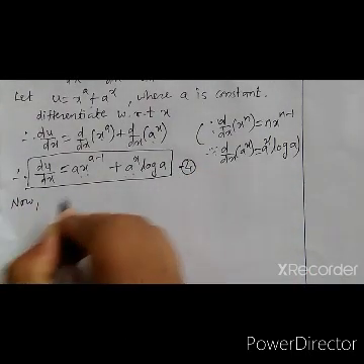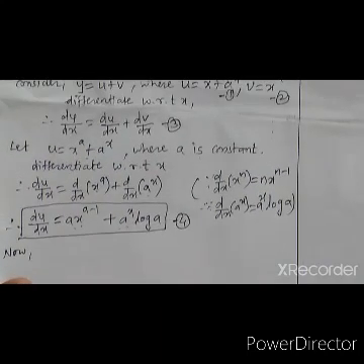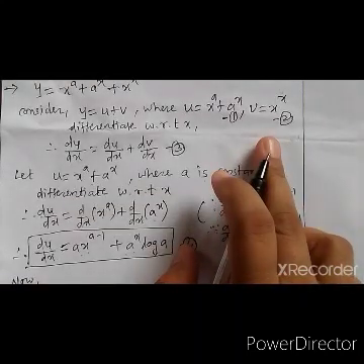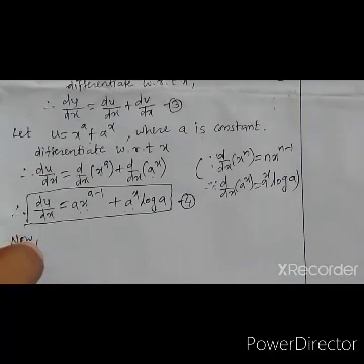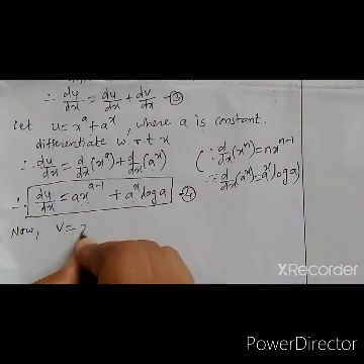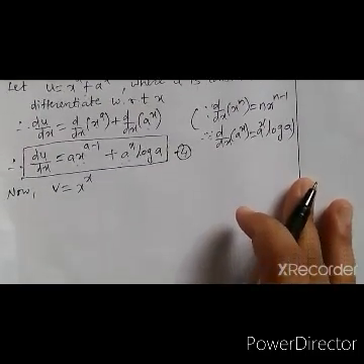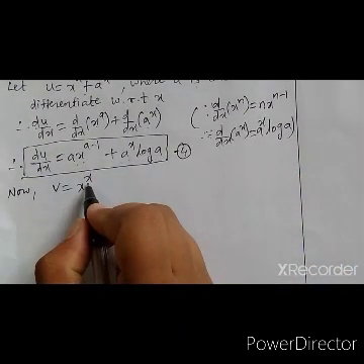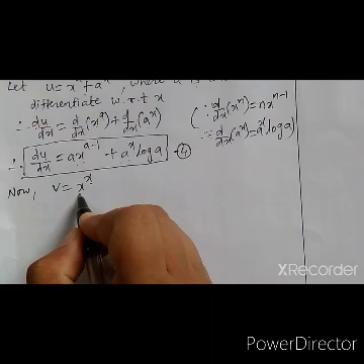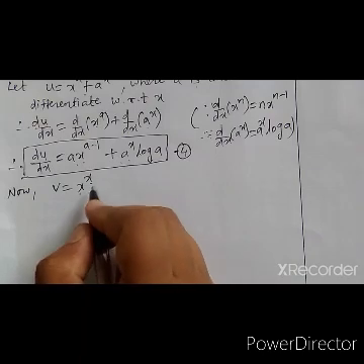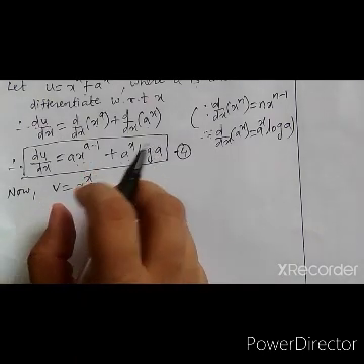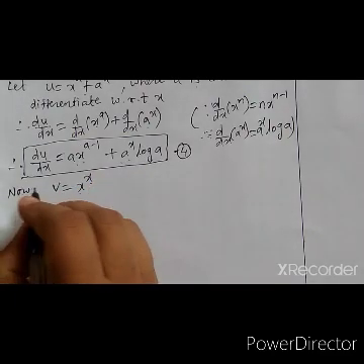Now we have to take v is equal to x raised to x. Therefore v is equal to x raised to x. And now see, here the variable is in the power of x, and therefore here we have to use log.